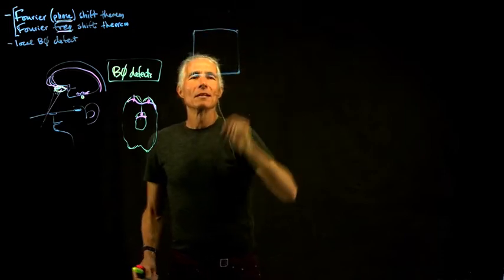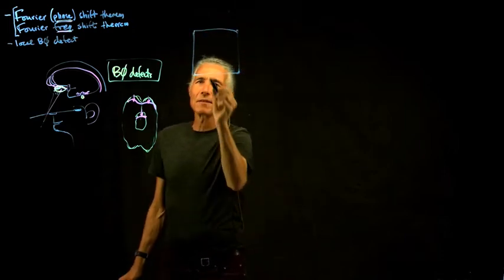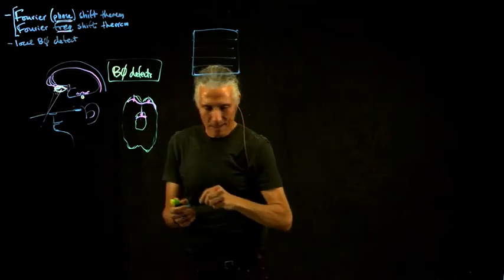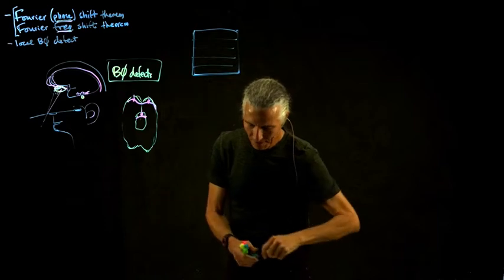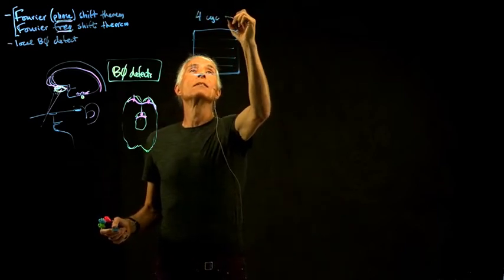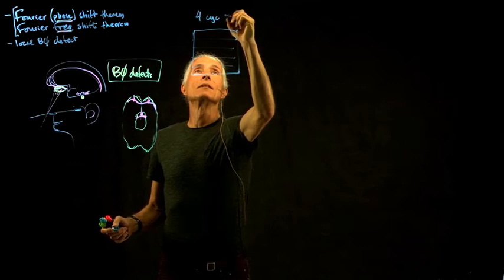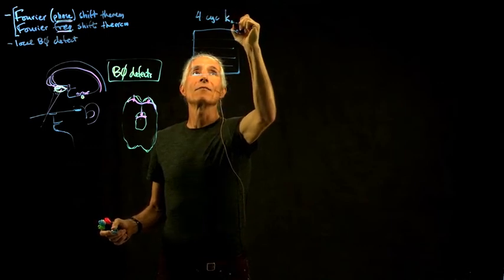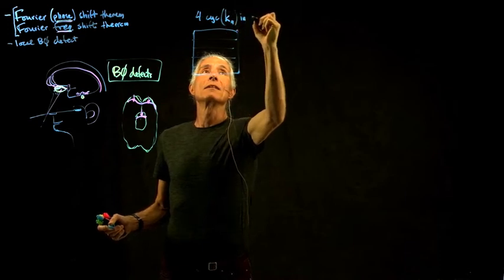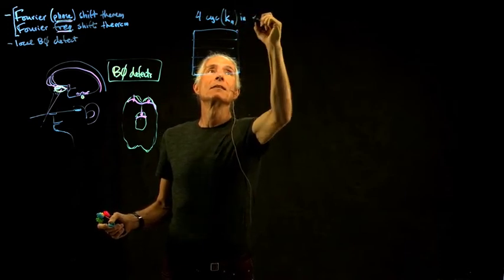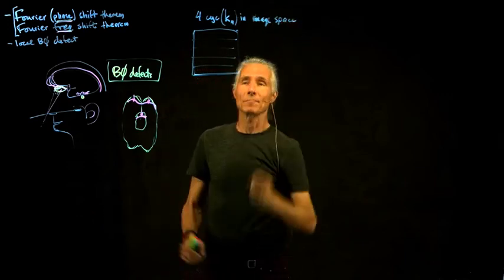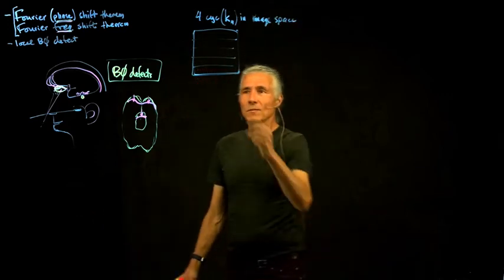Say we stamped on 4 cycles of K, so K4, in image space. So this is image space.